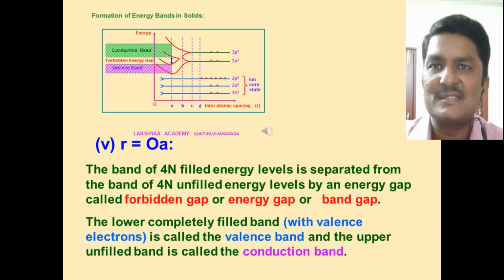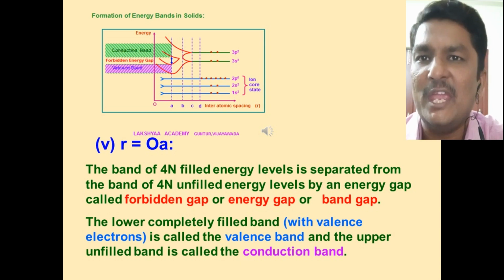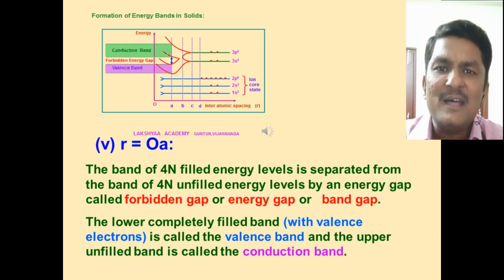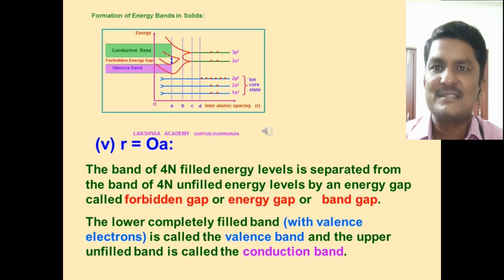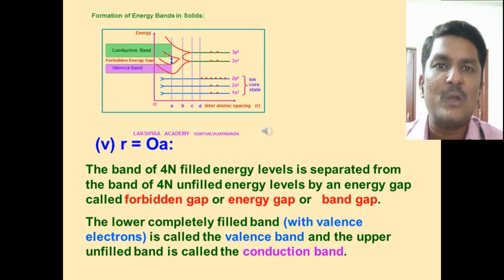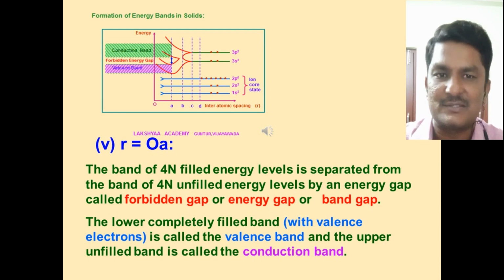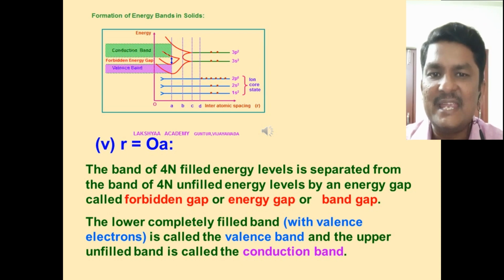Next, sixth case, when R equals OA, the band of 4n filled energy levels is separated from the band of 4n unfilled energy levels by some energy gap. This energy gap is named the forbidden energy gap.